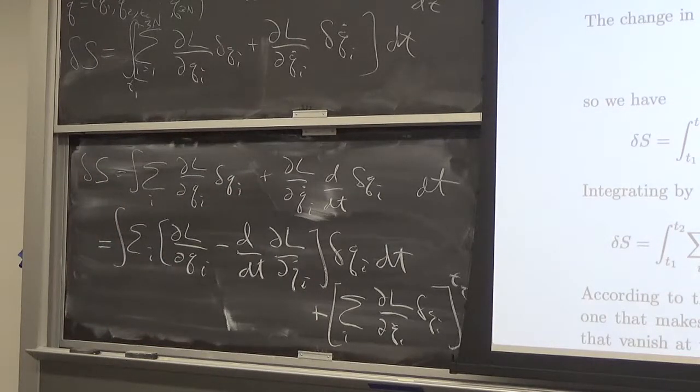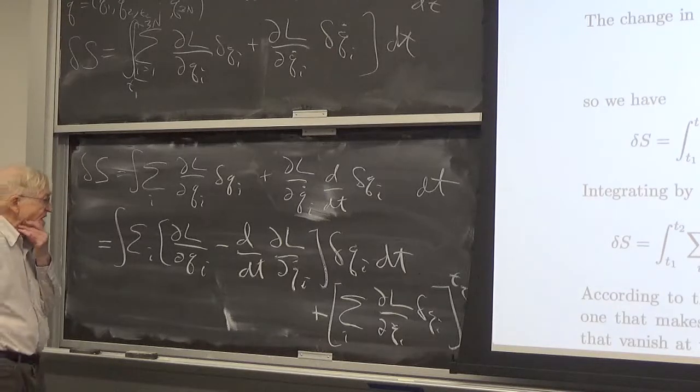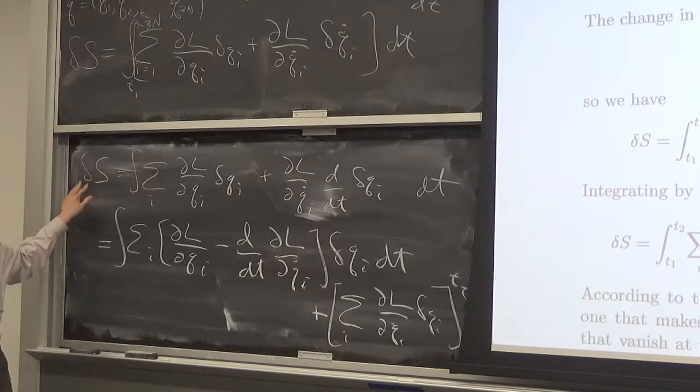So the principle of stationary action is that the action should be extremal, that is to say maximal or minimal, for classical processes, or for processes that obey the classical equations of motion.